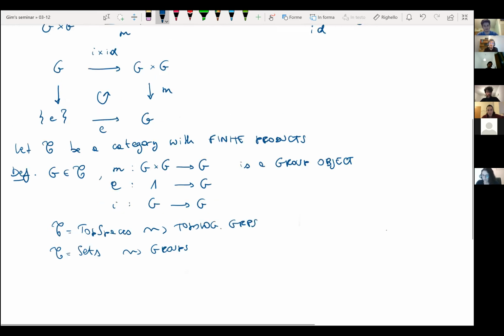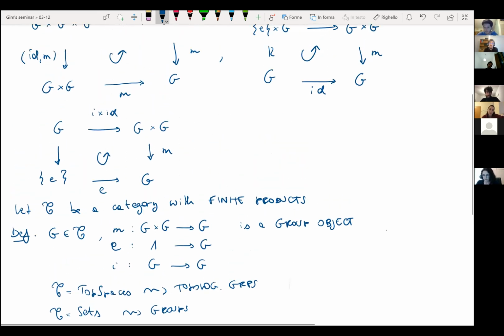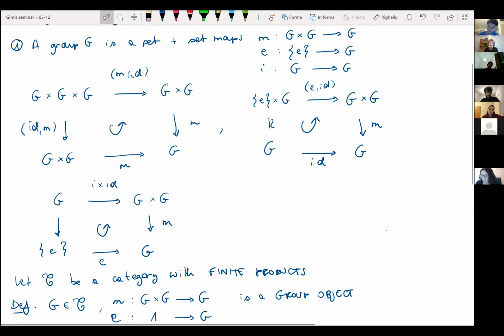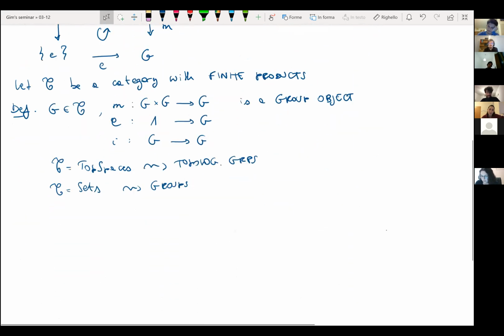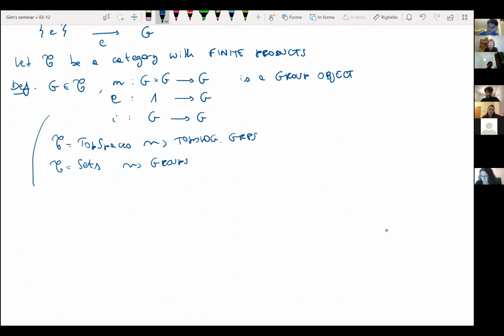In fact, the maps that give the structure of group on a set are really set maps, so maps in the category of sets. Now, this definition is also equivalent to asking that for each object X in the category C, the set of morphisms from the object X to the group object G is a group.